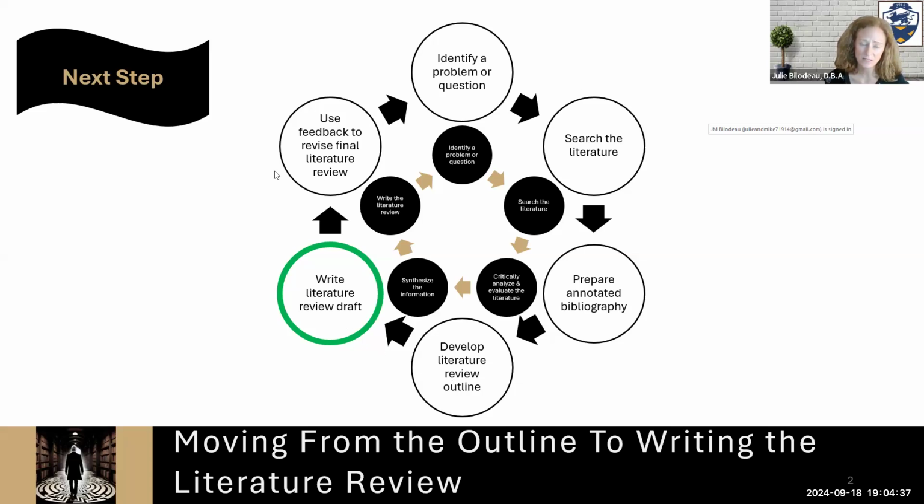You can see it's very cyclical, that you may have to go around another time when you're really tweaking what you're doing. For this course, we're not going to be going multiple rounds in the circle here. However, once we complete this process, you will actually do this over again for the week 6 assignment. But this is our next step, writing the literature review draft.